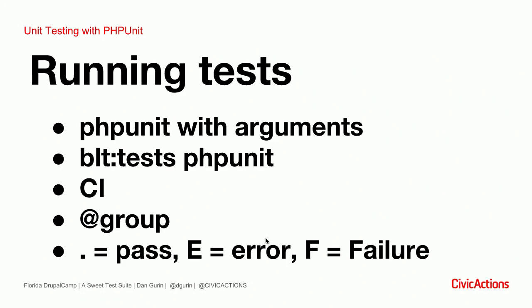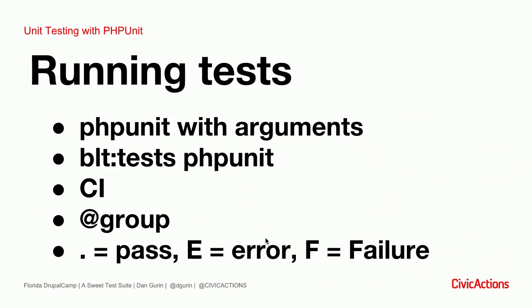You can run it from the command line. PHPUnit's probably in your vendor bin directory. You can add arguments. If you use Bolt, there's a cool little way to do that. You can run it from your continuous integration. You can use groups to run only certain groups.